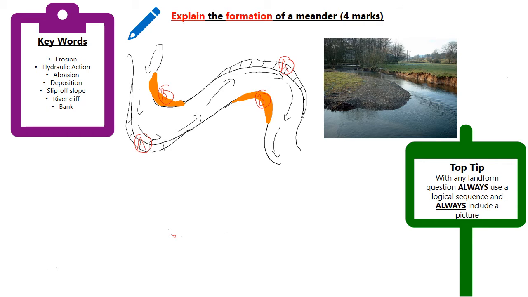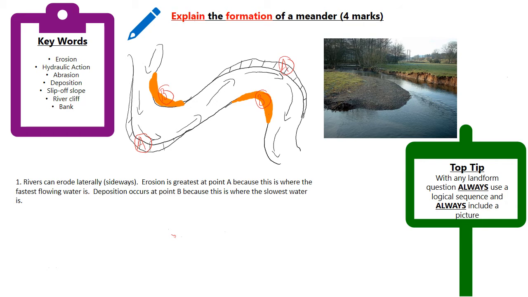So the first point that we want to make, as you can see here from mine, is that, very similar to an oxbow lake, rivers can erode laterally and erosion is greatest at point A. I've labelled point A on there a couple of times because that's where the fastest flowing water is.